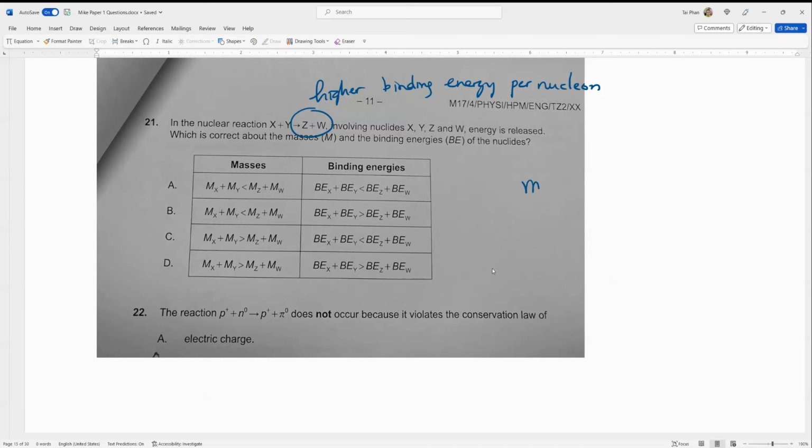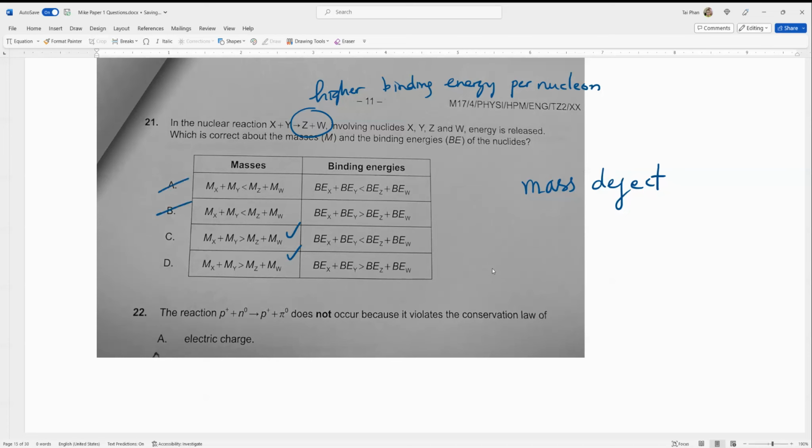It's called the mass defect, occurring for the products Z and W. So the mass of Z and W will be smaller than the mass of X and Y, which means this one or this one.